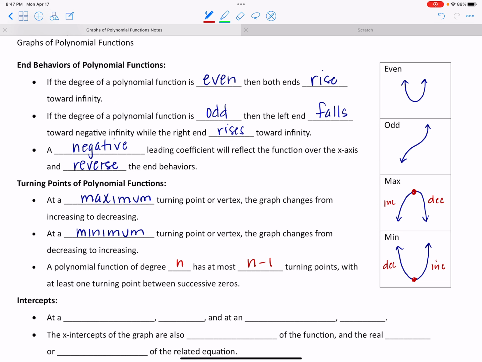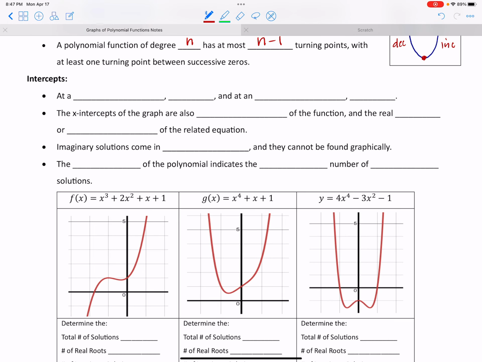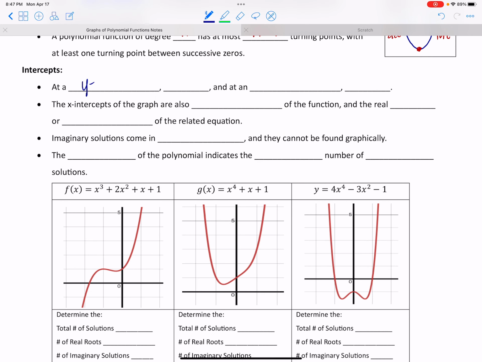Now, intercepts. I know we've talked about intercepts before. We just want to add a little to it. So we know that at a y-intercept, if we're crossing the y-axis, our x value has to be 0, and vice versa at an x-intercept, our function value y has to be 0.